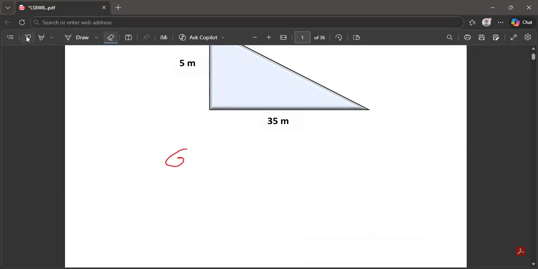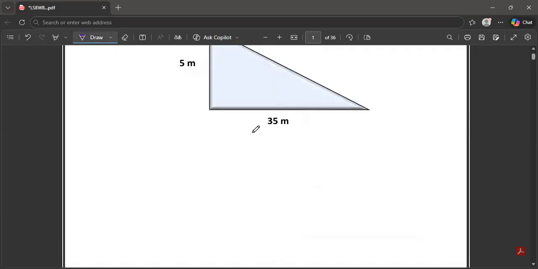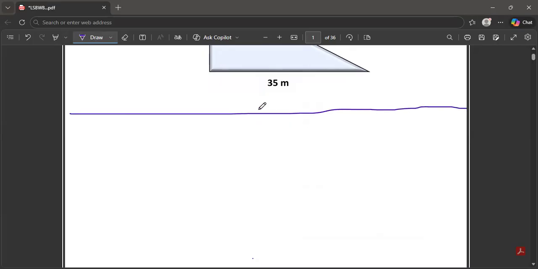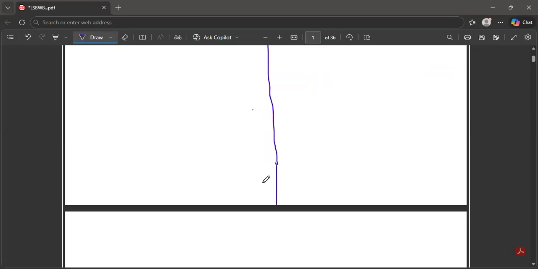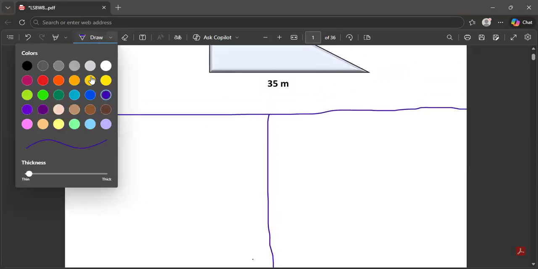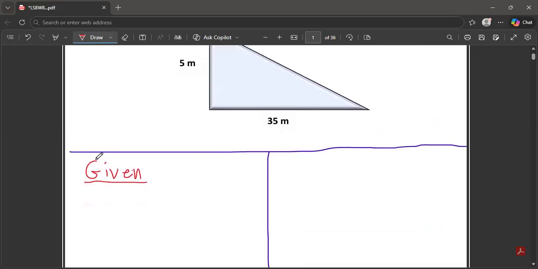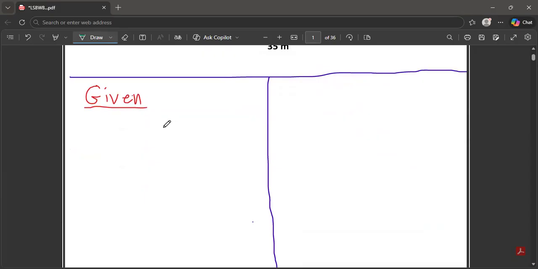But before that, let's see if we can divide this into two. Very good. So we can begin. So we are saying that our slope is equal to rise over run expressed as a percentage.